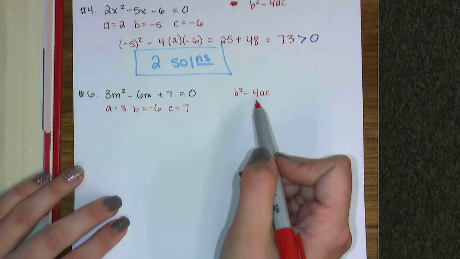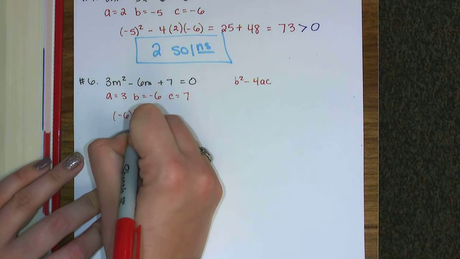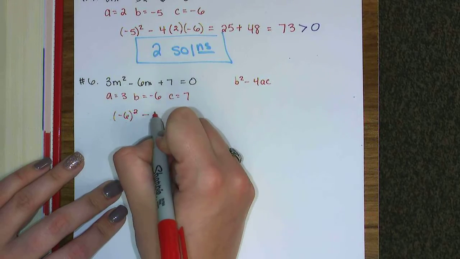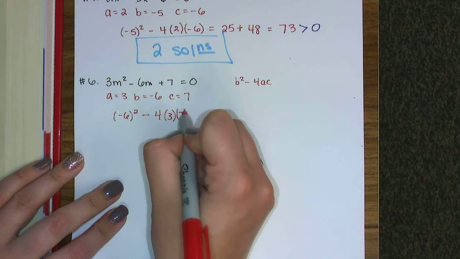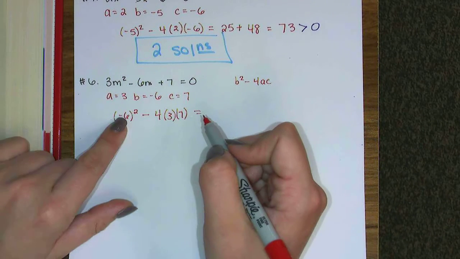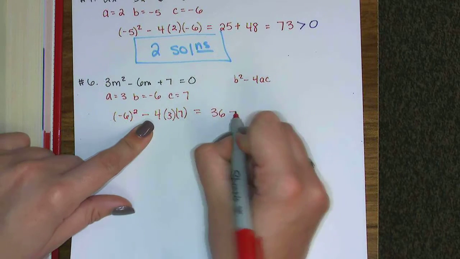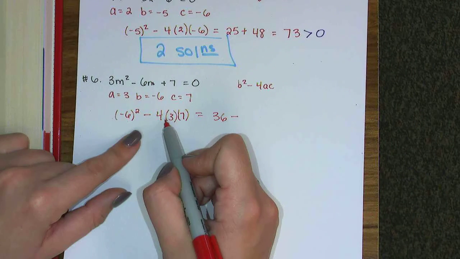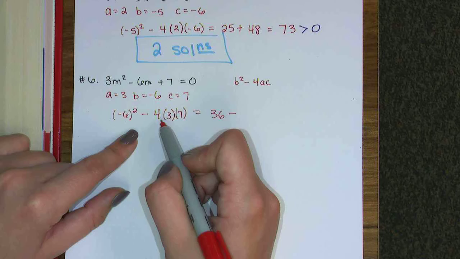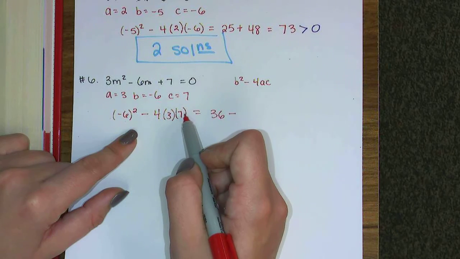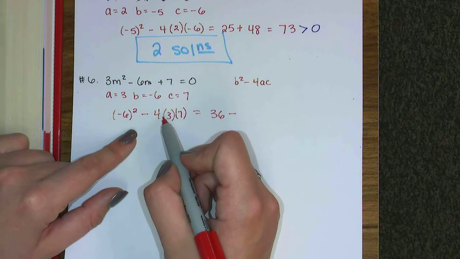Now I'm just plugging in b squared, so that's negative 6 squared, minus 4 times a is 3 times c is 7, which is equal to negative 6 squared is positive 36, minus, and it doesn't really matter what order you do this, but to make my math a little easier, 3 times 7 is 21, times 4 would be 84.